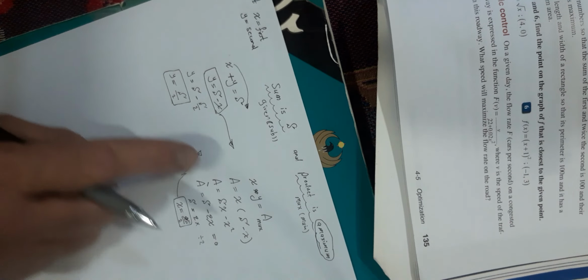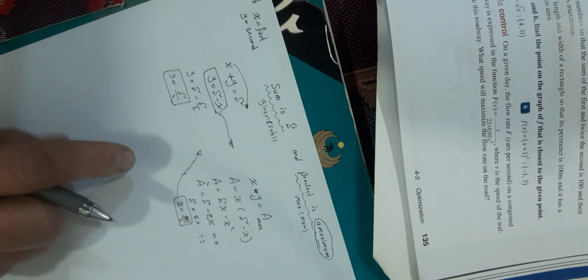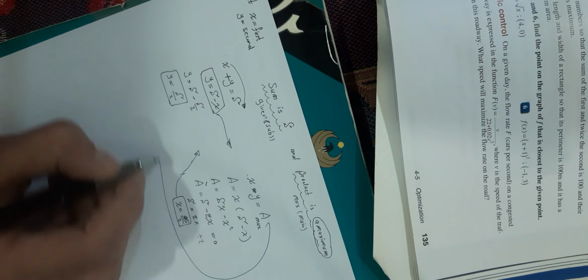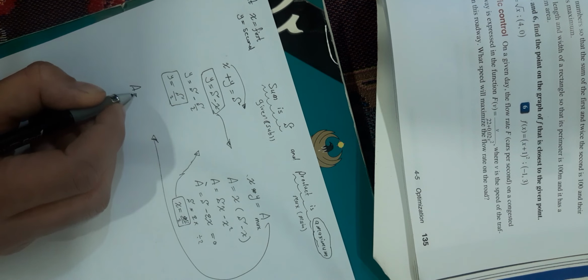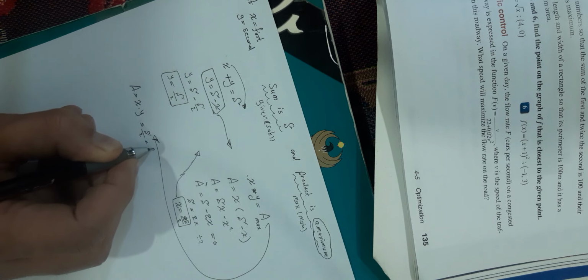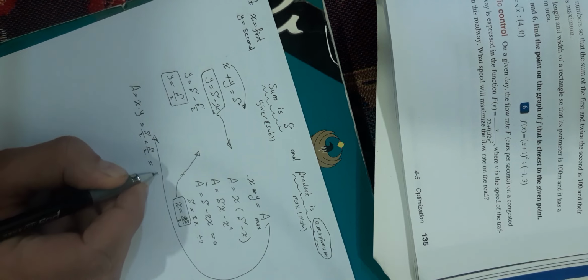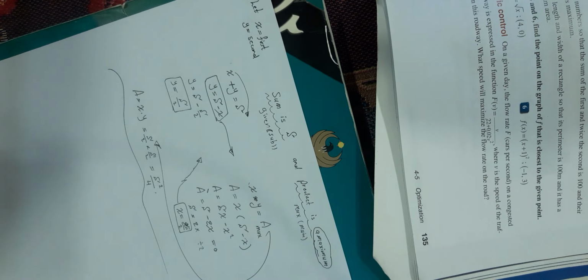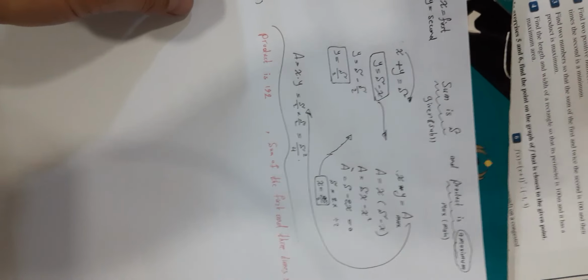How can we find the maximum product? By putting x and y in the main equation. So a is equal to x times y, meaning s over 2 multiply s over 2, which is equal to s squared over 4. That is example 1.